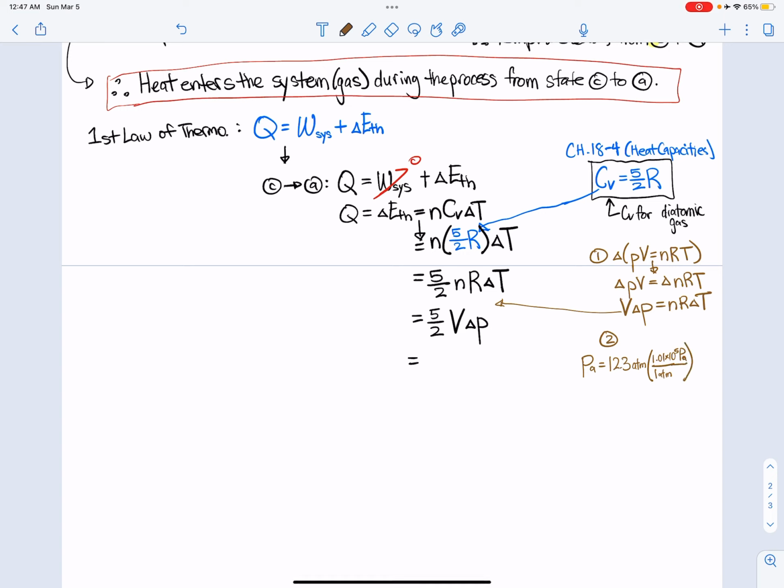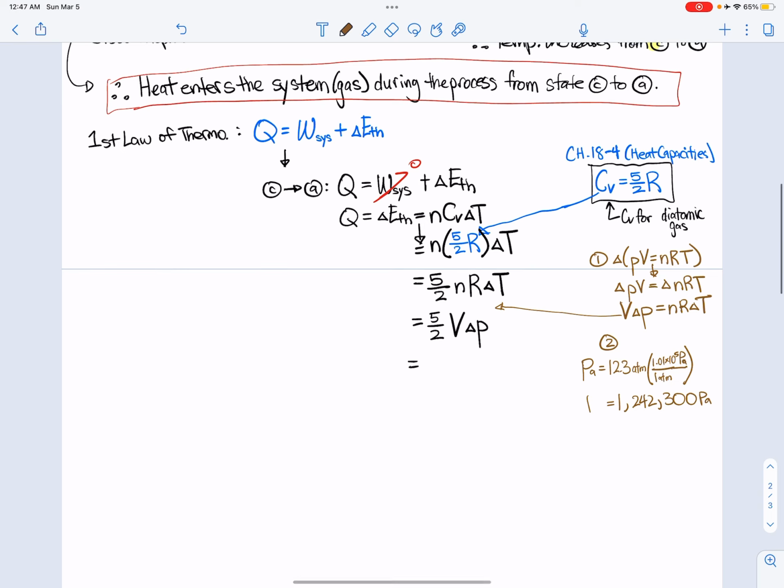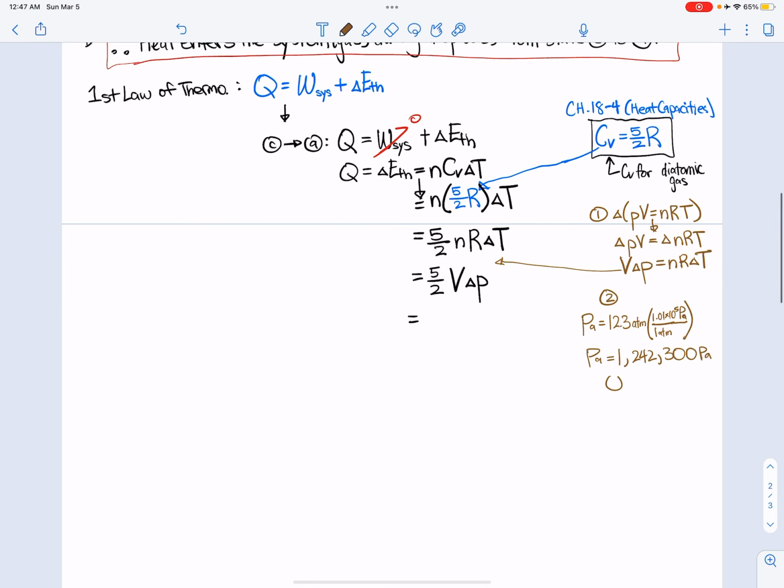And so that is equal to 1,242,300 pascals if you plug that in your calculator, because our units of atm cancel out.